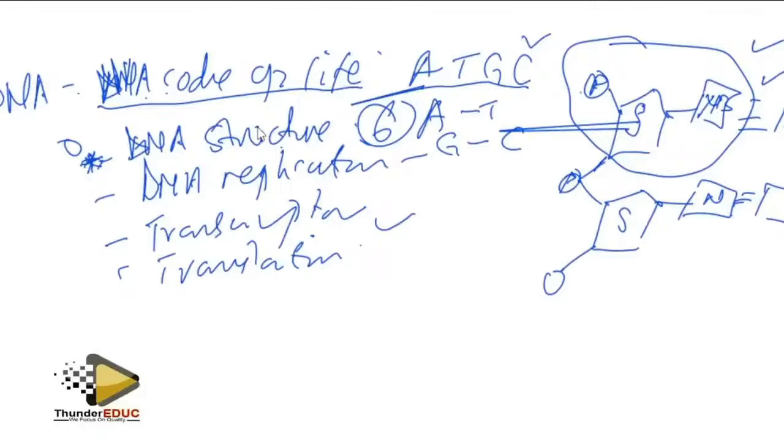One strand acts as a template to form the messenger RNA using free floating messenger RNA nucleotides. In the case of DNA replication, 2 strands act as a template, while in transcription, 1 strand is acting as a template.